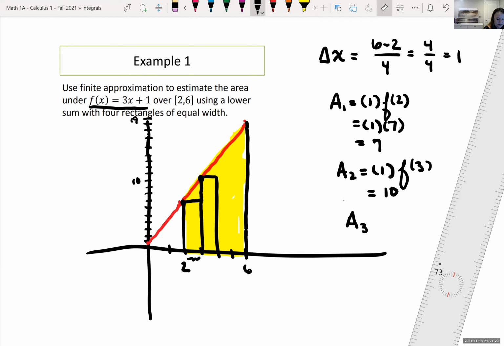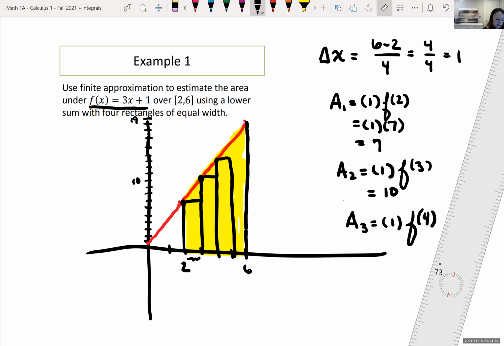The area of the third rectangle, again, our width is 1, but the lowest point for that rectangle is f of 4. And so we can figure out what f of 4 is by plugging it in.